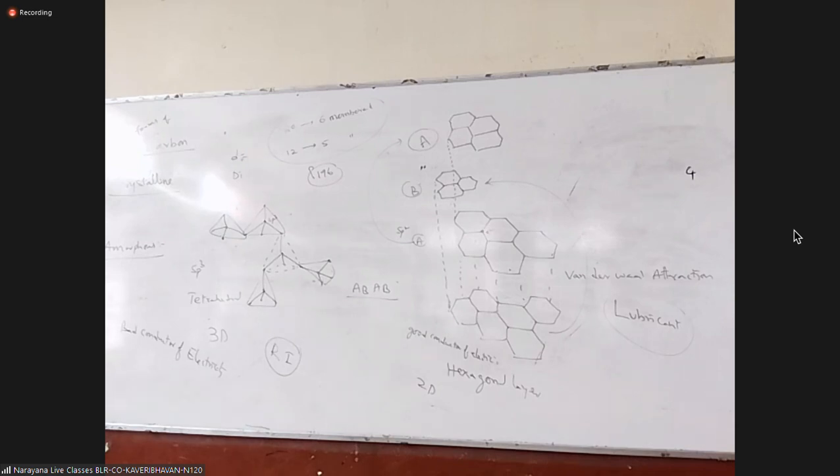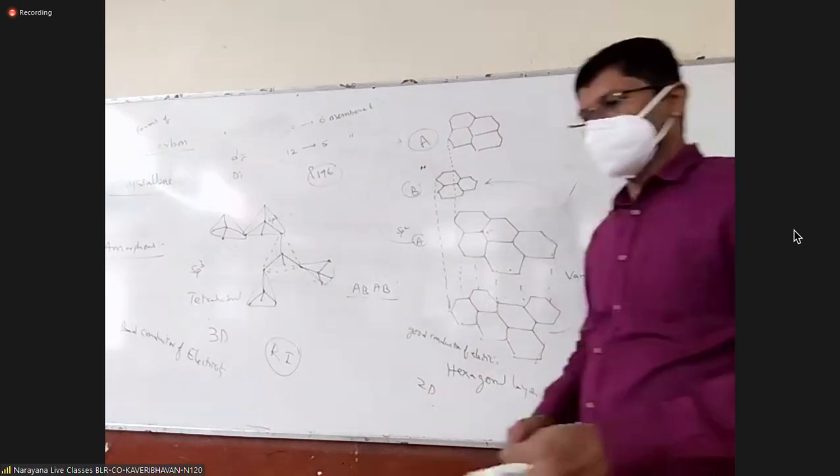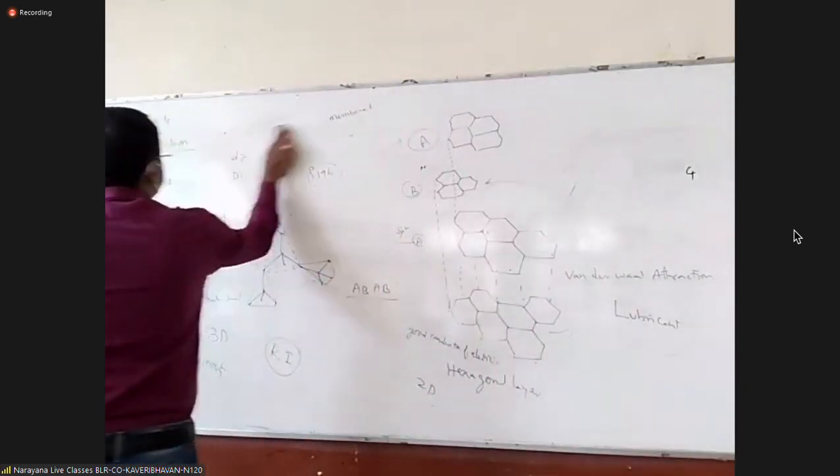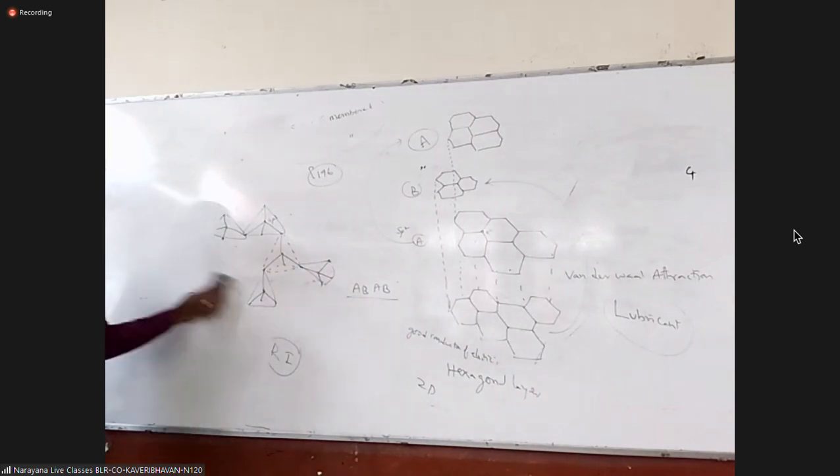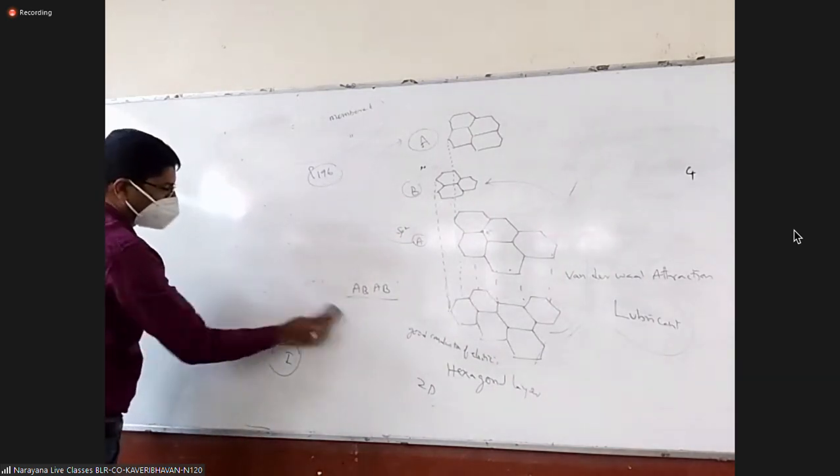Compounds of carbon. We have carbon monoxide, carbon dioxide, right? Carbon forms oxides, CO and CO2. Silicon forms only one oxide, SiO2, which is stable only at very high temperature. SiO2 is silica.